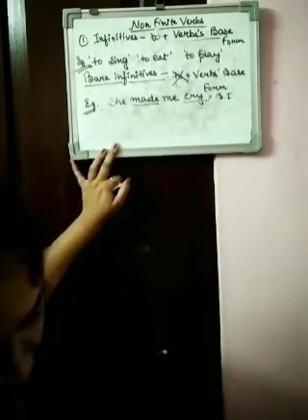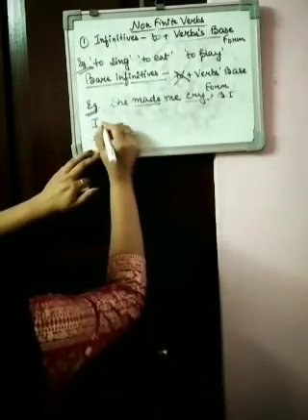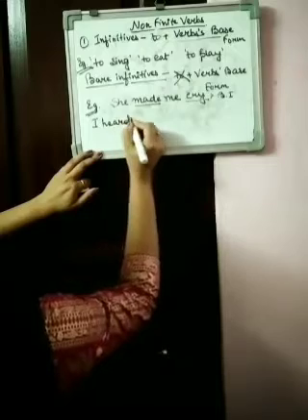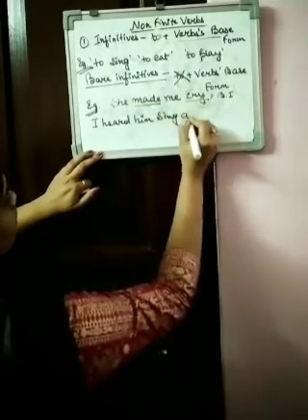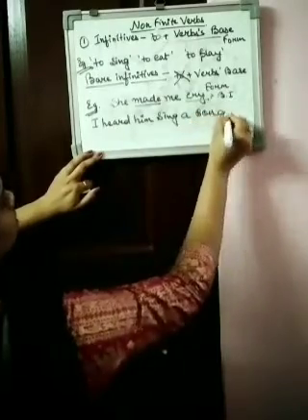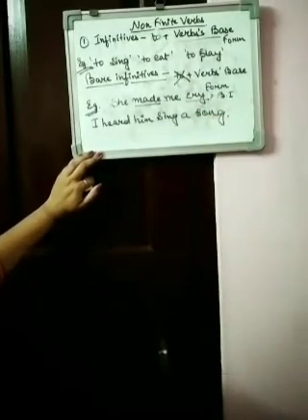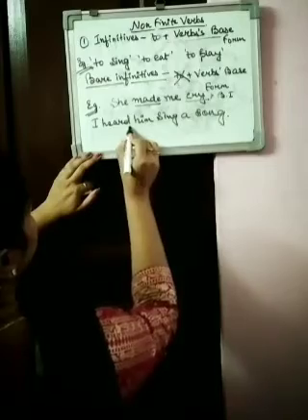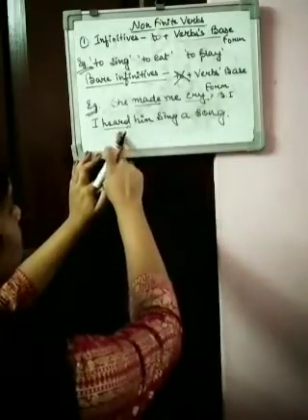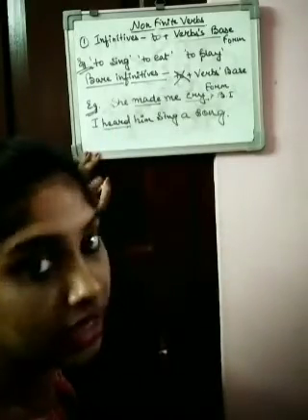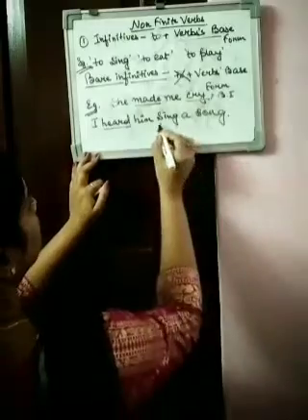Let's give one more example: I heard him sing a song. Okay, so I heard, this is my primary verb, or the main verb, you can say. This is the main activity of hearing something. I heard something. Now I heard what?